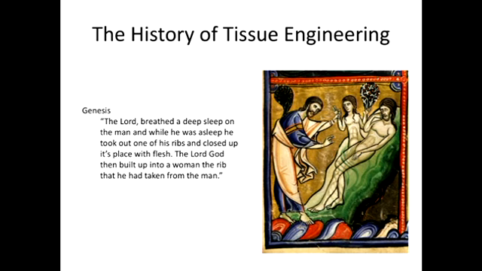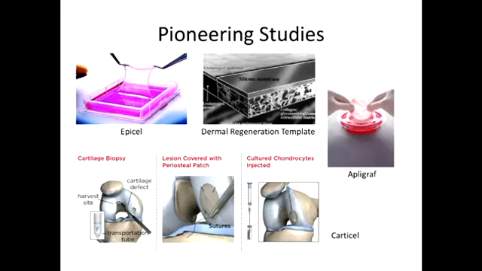We know a little bit more about biology now. You might question whether that would be achievable, but it is the first reference that I've found. And so many thousands of years later, here we are trying to engineer tissues, and we've been largely unsuccessful.